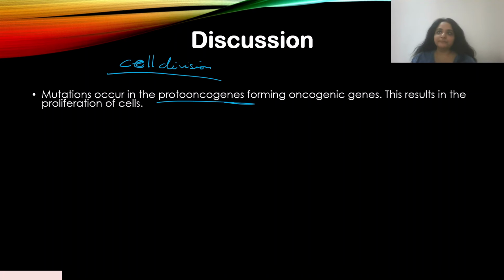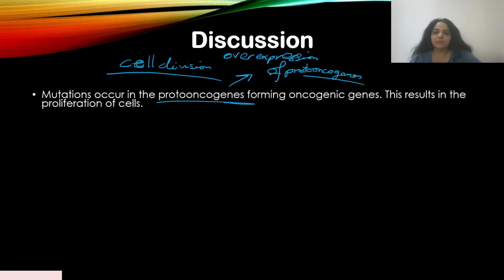Obviously this is only one kind of gene which allows for cell division or cell proliferation. So mutation means overexpression of proto-oncogenes, and overexpression of proto-oncogenes is related to continuous cell division.